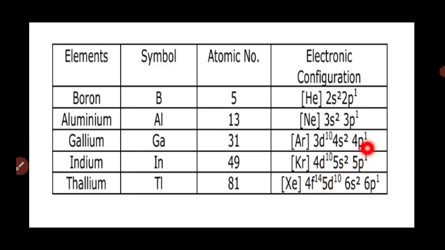So there is a concept which we have learned, that is screening effect or shielding effect, which comes in all these three. And this screening effect is variable. Sometimes it is very poor, and sometimes it is larger. Therefore, their properties are changing, or there are variations in their properties.